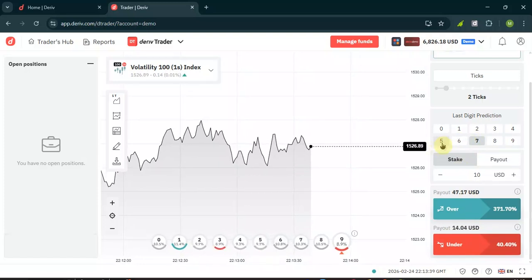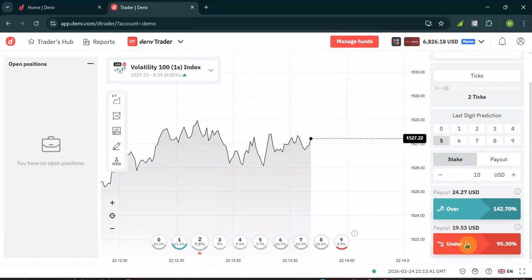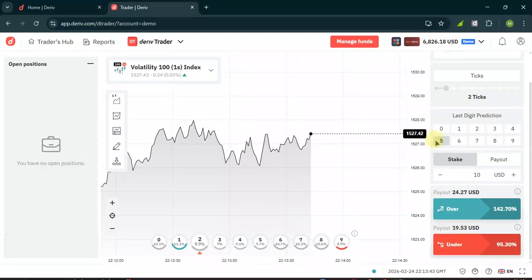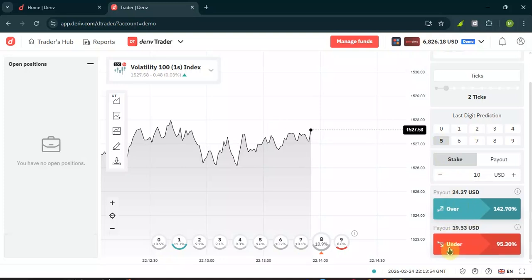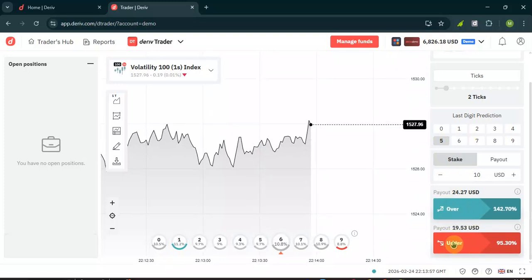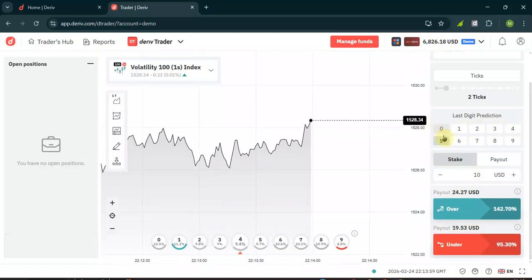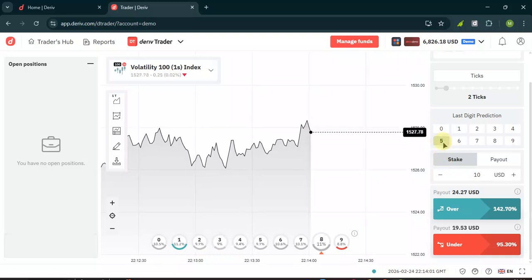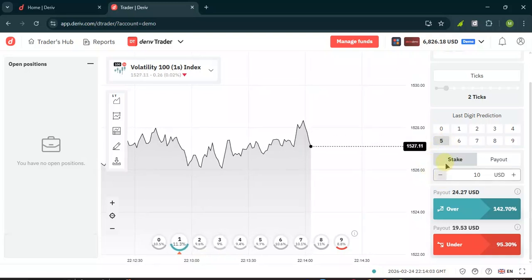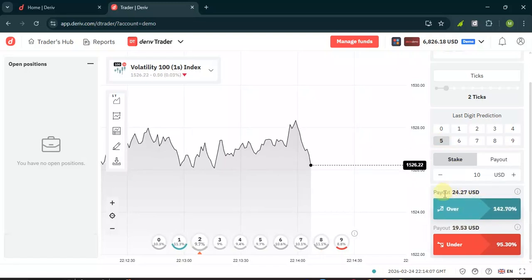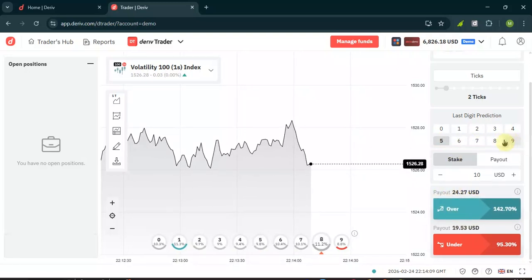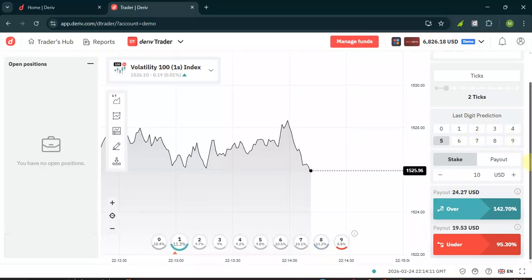For my case, let's say that I select 5. The numbers below will be the 5 included and then these other numbers. So if I say it will touch the numbers below, it is these numbers, and this is excluded. The number that you have selected will make you a loss if it is touched. Then if I say over, the numbers above, these are the numbers.